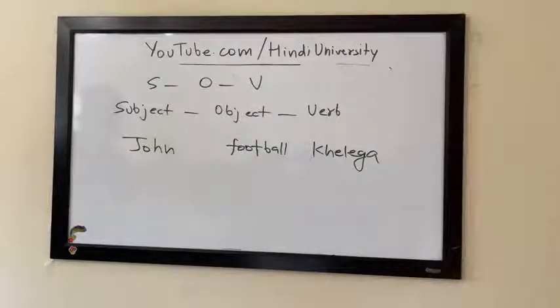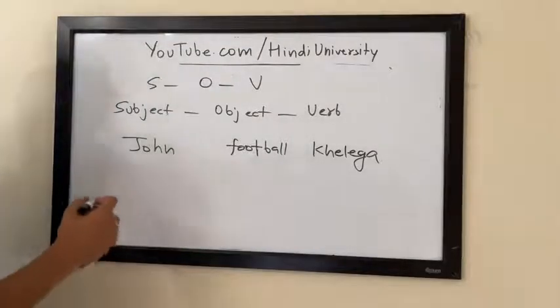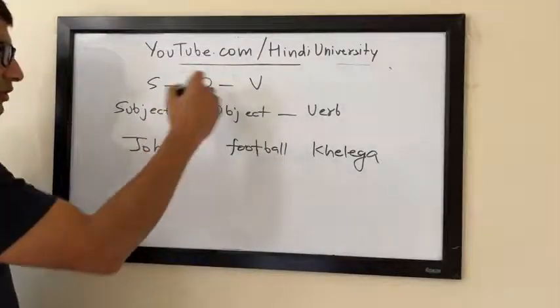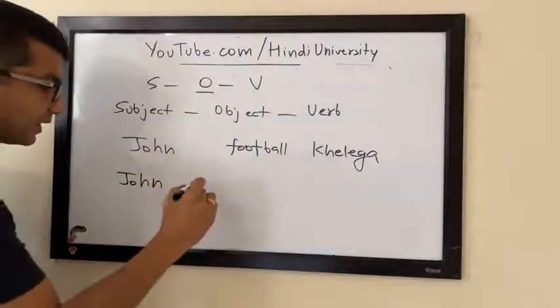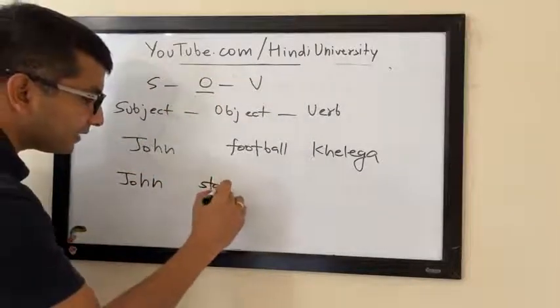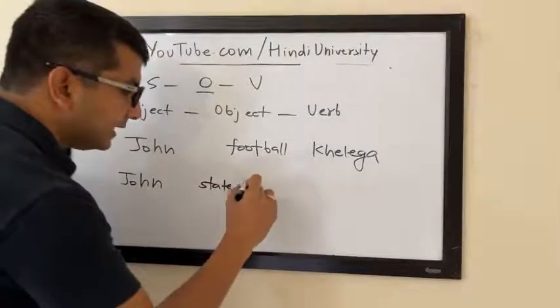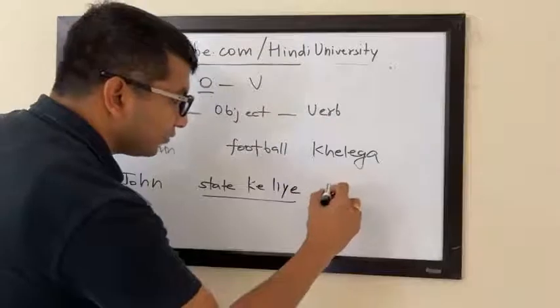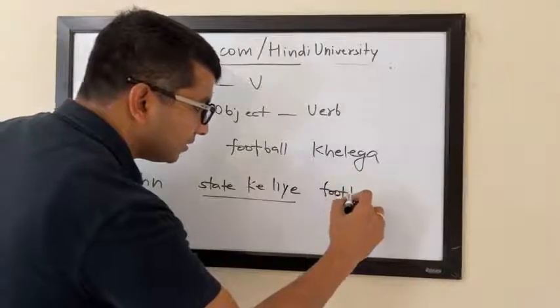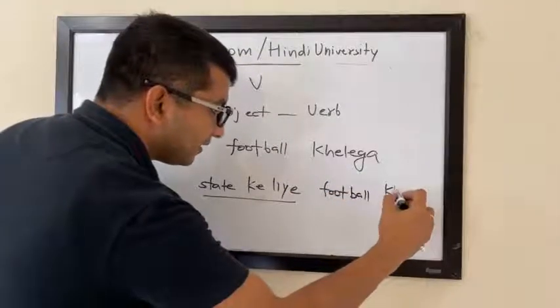Subject, object, and verb. Now let's say you want to put an indirect object in this sentence. So first you have subject, object, verb. Then let's say John state के लिए और city के लिए, state के लिए फुटबॉल खेलेगा.